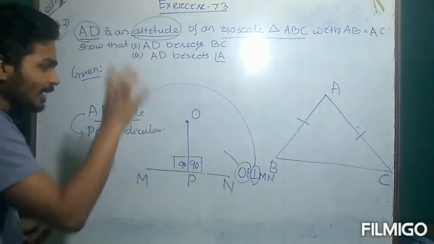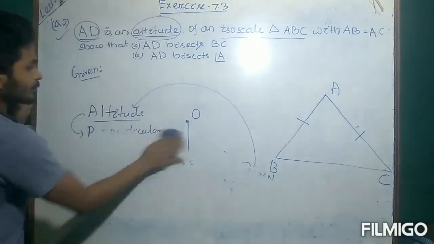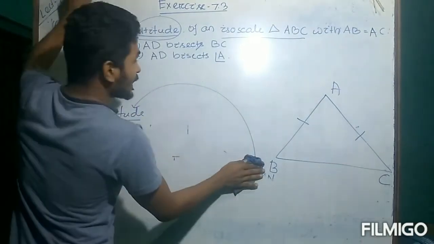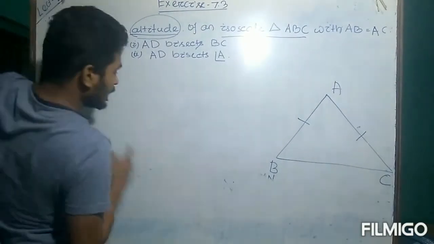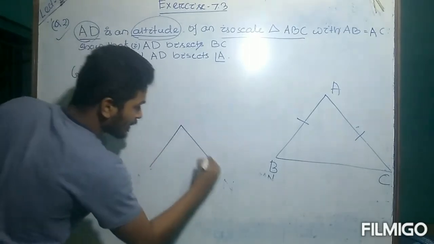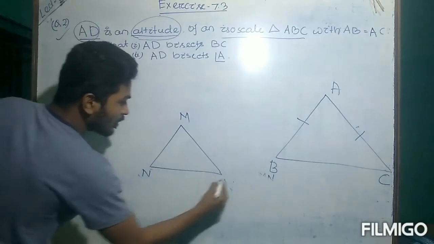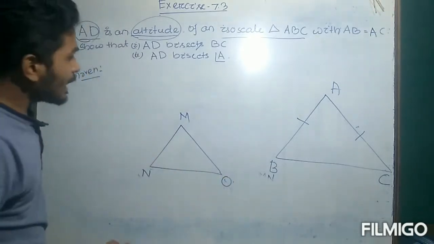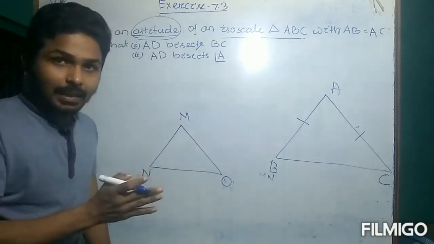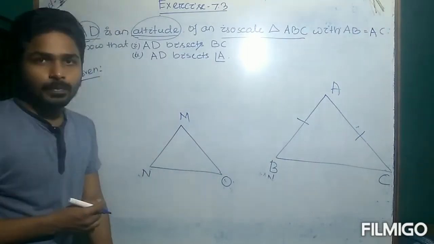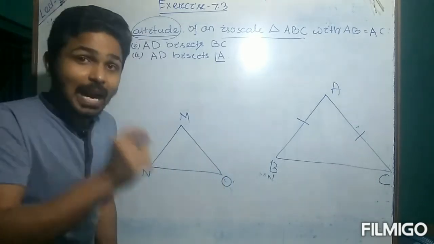Understood? Let us take it for a triangle. Suppose it is a triangle MNO. Now, if we want to draw a perpendicular line on NO, from which point do we have to start drawing the line?